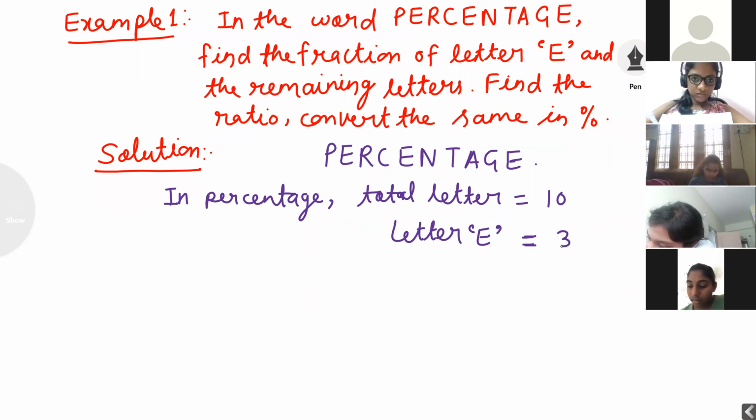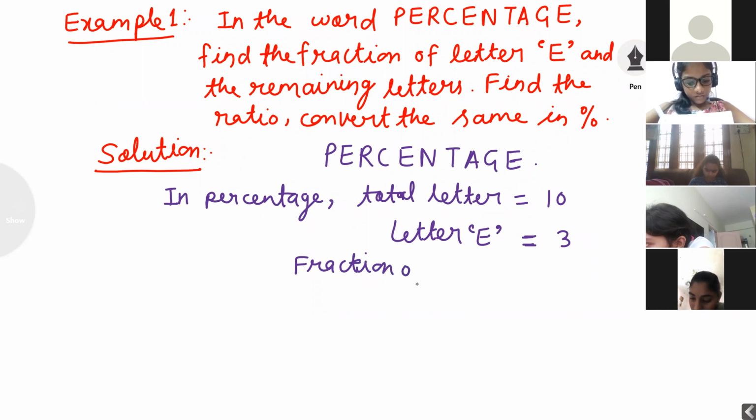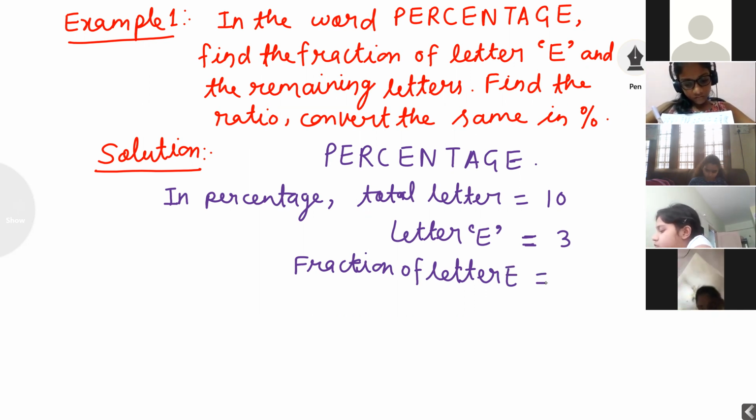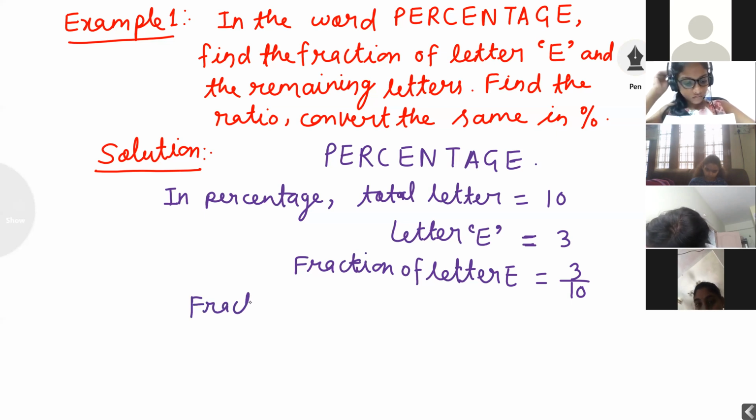Now I want to write down the fraction of letter E. 3 is the letter E. Total how many are there? 10. 3 by 10 is the fraction. Next, fraction of remaining letters.